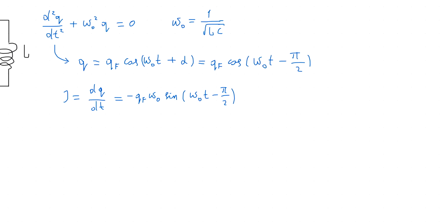We may write this as QF omega 0 sine. Let's take into account that sine is an odd function, so we may take this minus into account, and we will get pi divided by 2 minus omega 0 t.